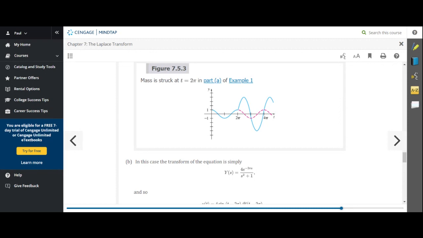And the influence of this impulse is to increase the amplitude of the vibration. So see the vibration, it goes greater.